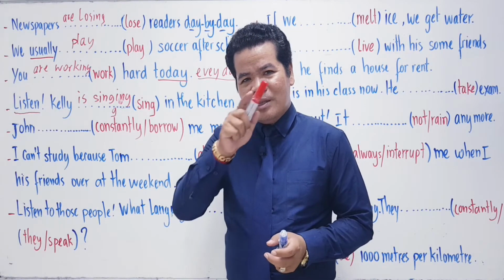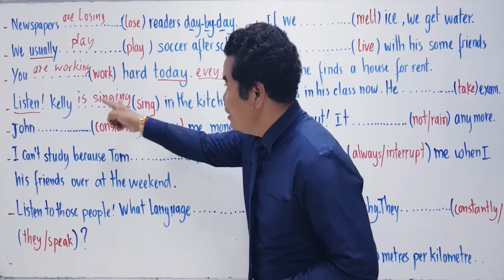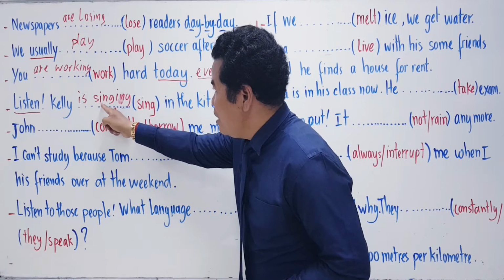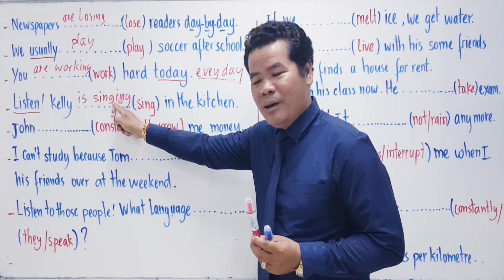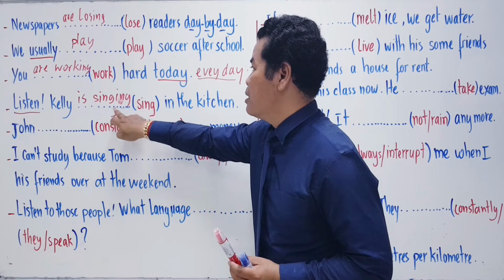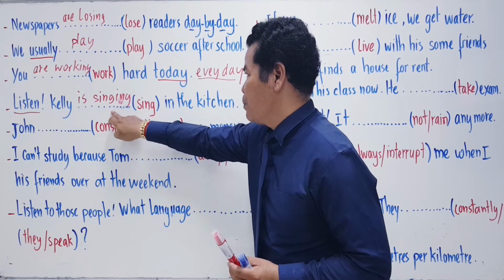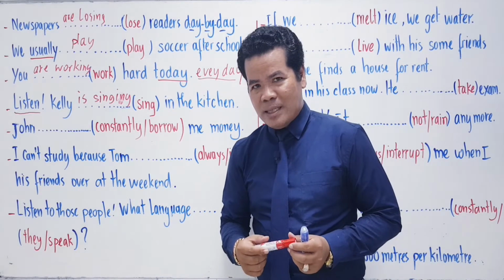Consonant, vowel, consonant. And how about here? It's a consonant, vowel, consonant, so we double one more consonant. So this is wrong. So what you are using now is 100% correct, even the spelling, even the tense.